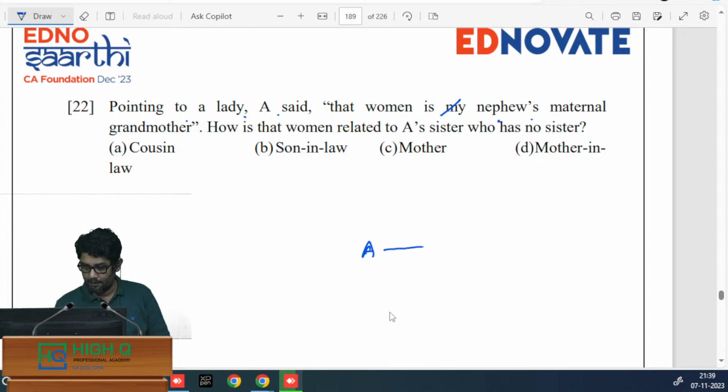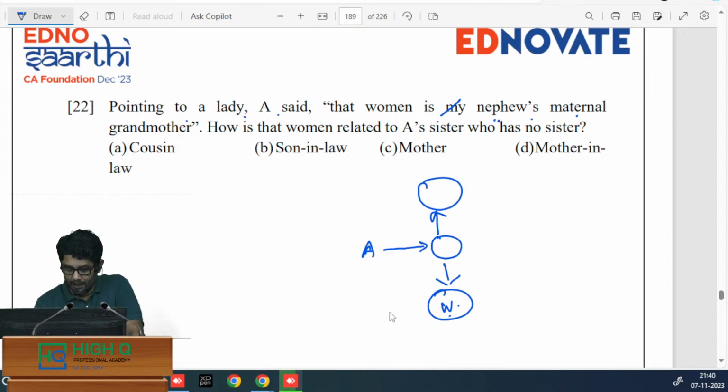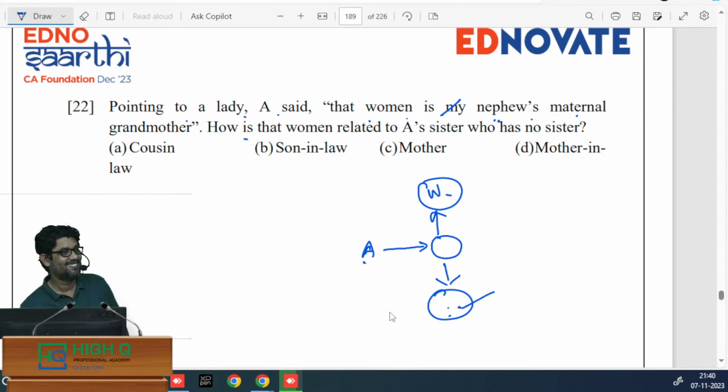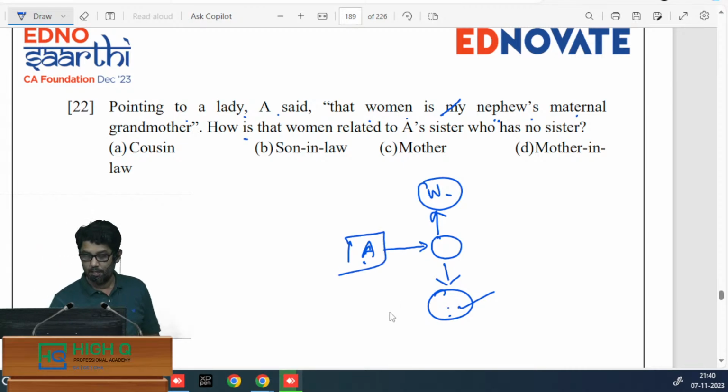Am I right, my dear? So sister only. Grandmother. This woman is my nephew's maternal grandmother. How is the woman related to Ye's sister who has no sister? So that means Ye is a brother. So that woman is a mother.